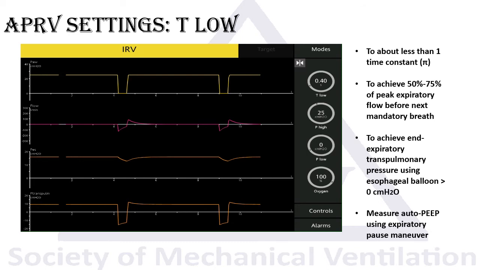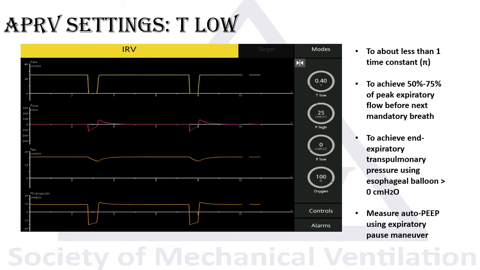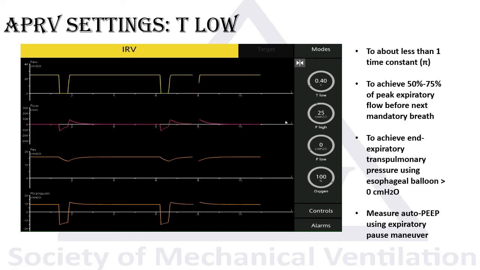And again, this is very non-physiologic, because if you have a patient with severely low compliance, whether it's from the lung or from the chest wall, and the time constant is very low, even 0.4 seconds in this example might be too long, and I'll show you why.